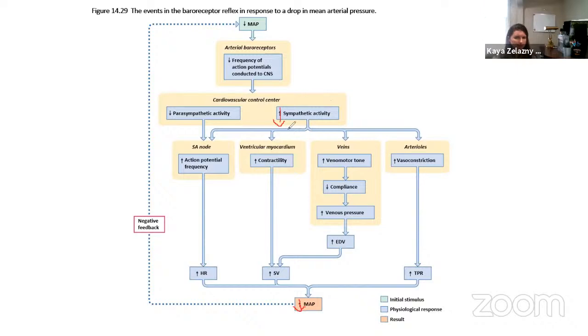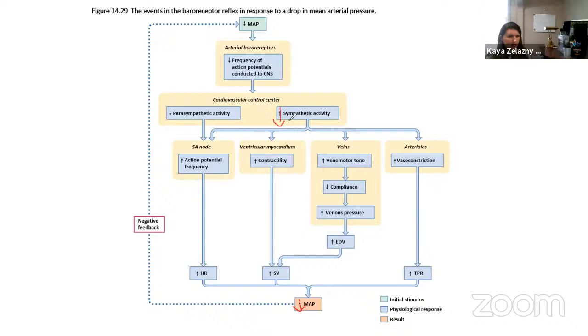So if our sympathetic activity goes down, that means all these little effects in the middle, between our sympathetic activity and MAP, are also going to be affected. Instead of raising the heart rate by increasing activity of the SA node, we ease off the sympathetic activity. When we say sympathetic activity goes down, we're talking about relaxing. Sympathetic activity is fight or flight. So if you're relaxing, maybe you're trying to go to bed, or you're just coming down after a high anxiety period, your heart rate's going to go down as one of the effects.